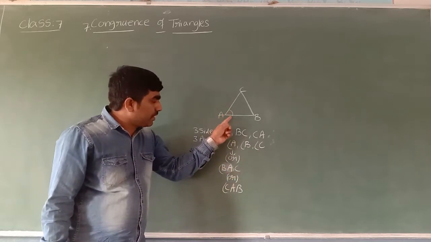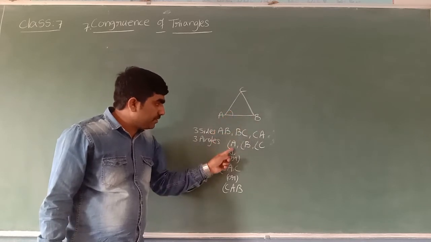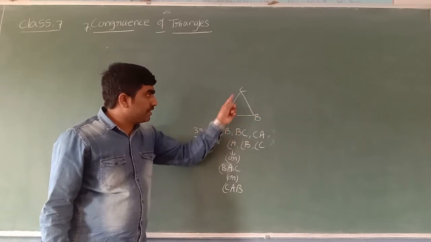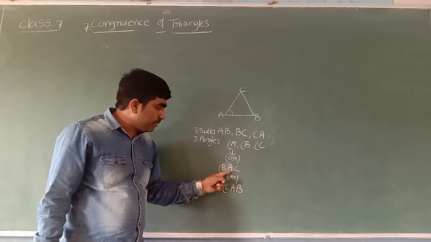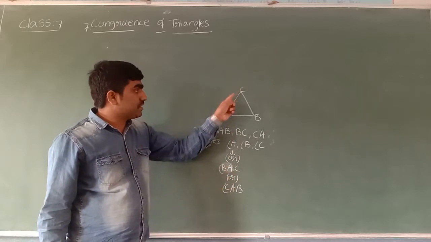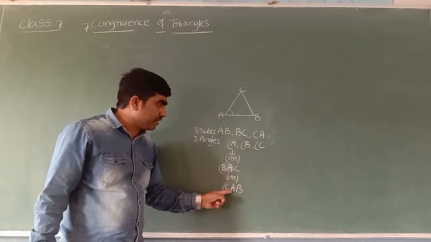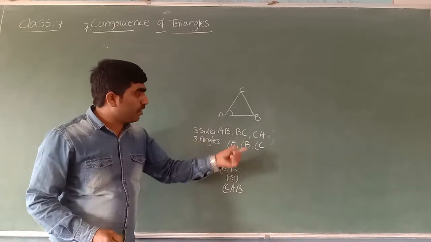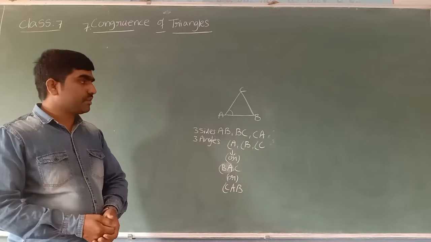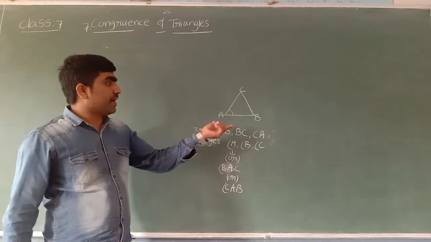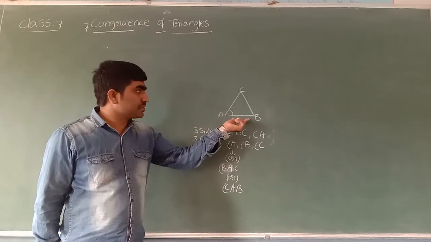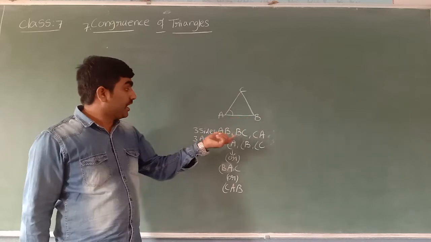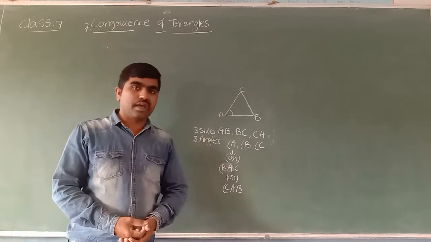So to represent angle A, we can write angle A directly, or BAC, or CAB, with A in the middle. The remaining angles follow the same process. So these are the parts of a triangle: a simple closed figure bounded by three sides, with three sides and three angles.